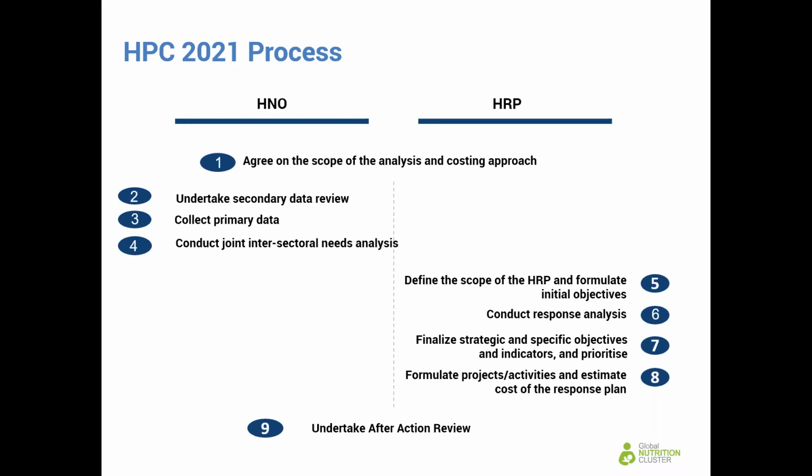And again, there, the first step will be to define the scope of this HRP. So what is going to go into the plan and what is beyond the scope of the plan, and then to formulate very initial objectives for our collective response. I would argue probably the newest or most strengthened aspect is conducting a response analysis within that.